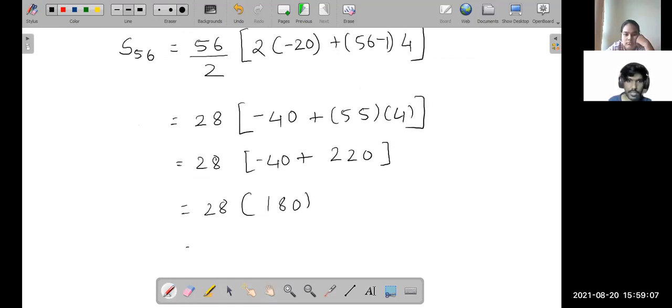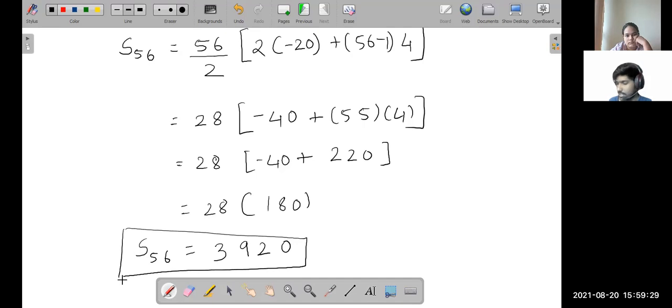So this should be 3,920. So the sum of the first 56 terms is 3,920. Wait, have I made some mistake?